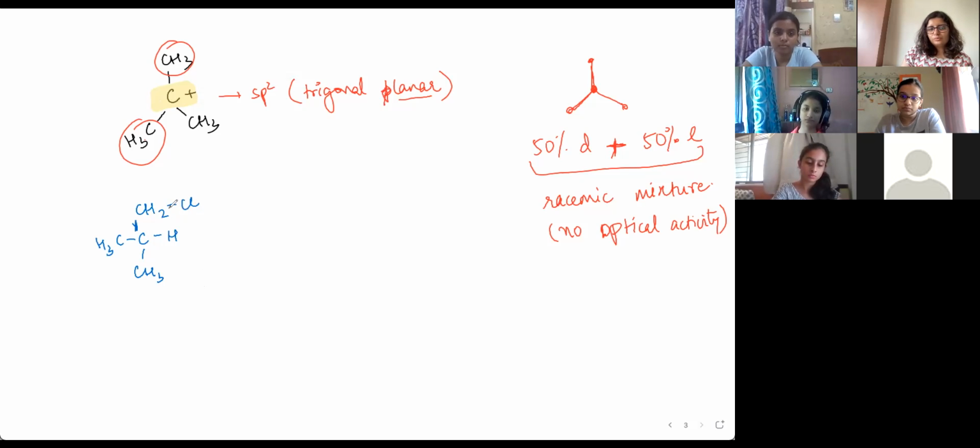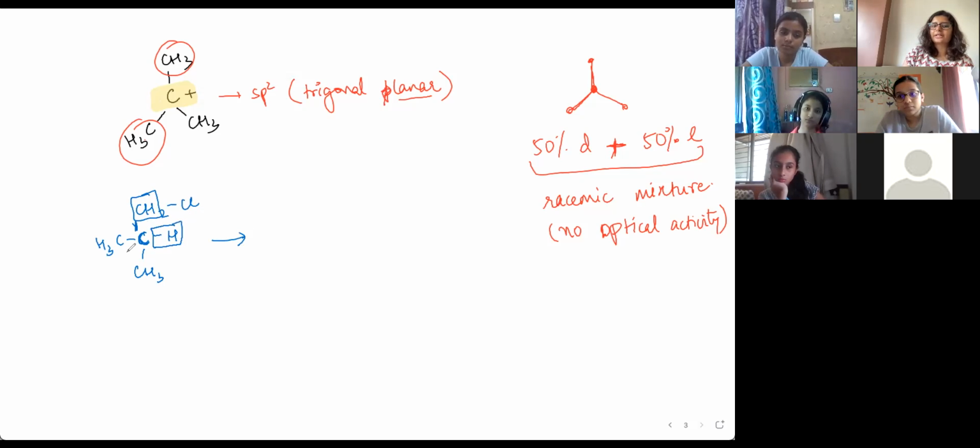Now, this is a primary carbon, but next to it I have a tertiary carbon available. So there is a possibility that this might form a carbocation and rearrange itself to become a tertiary carbocation through hyperconjugation effects. Again, remember, everything is dictated by stability. The molecule will take whichever is the most stable way.